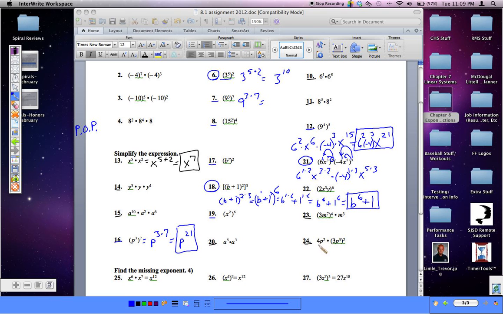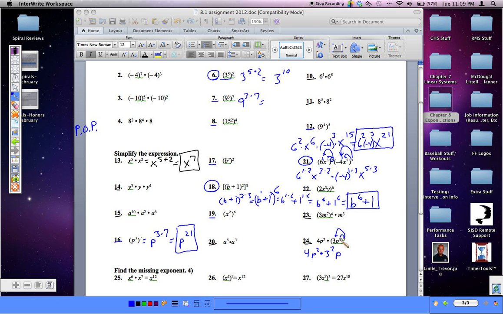Okay, last one, 24. I'll help you on it. 4p squared just stays as is for right now, because we have this power of a power which needs to take place here. So 4p squared is going to multiply with 3 squared, because I took 1 times 2, and then p is now going to have an exponent.